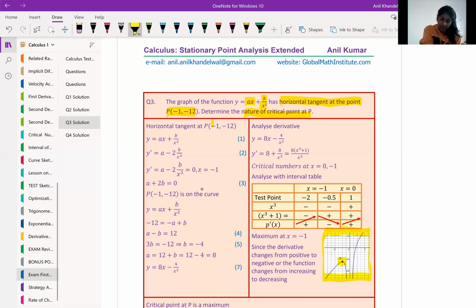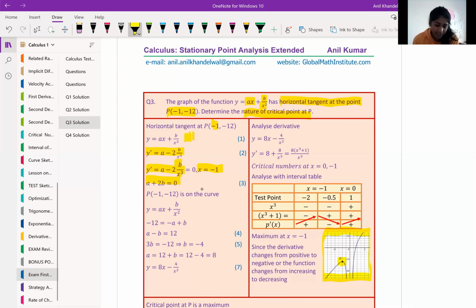To find the derivative, I put it into exponential form: x to the power of -3. That's correct. And then I got -2bx to the -3, which is -2b over x cubed. Correct. And then when I subbed in x equals -1 into that, I got a plus 2b equals 0. Correct.